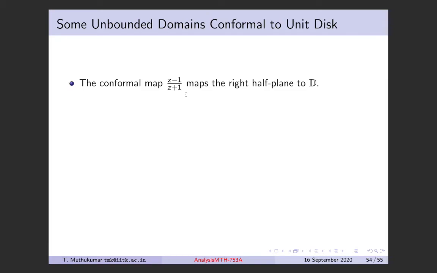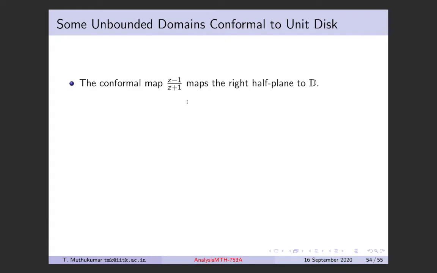If you fix 3 points and say that you want to map these 3 points uniquely to 3 points in the range, then using this information you can write down uniquely a fractional function, or this Mobius transformation, right? That is a conformal map that you will get. That is how you get these maps.